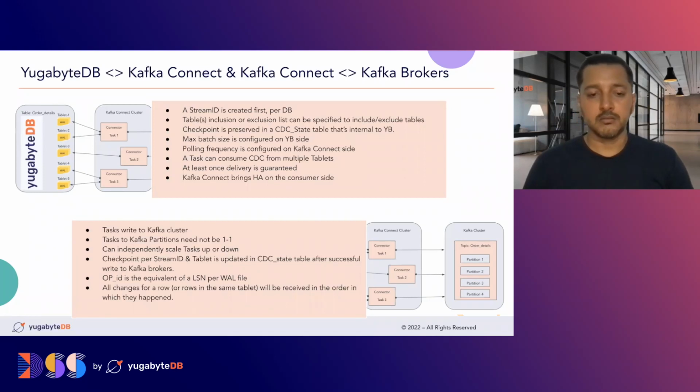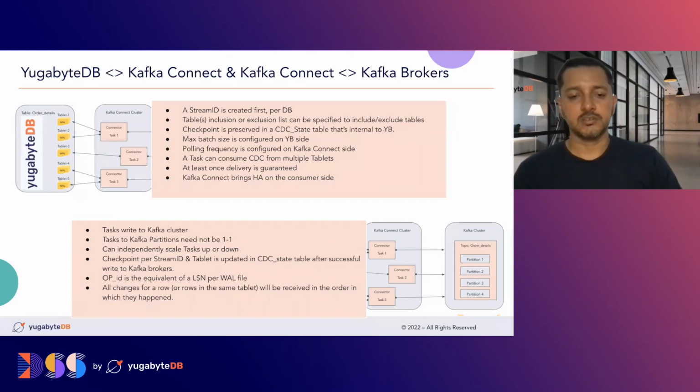In our WAL structure we also have something called an op ID, which is nothing but a log sequence number, and that is used to maintain the checkpoint information that, okay, from this point, the data has been consumed. As Prasad said, we guarantee at-least-once delivery. Not only that, we also ensure that all the changes you receive are in the order in which they were changed in that particular tablet, so the client will receive all the changes in the same order.